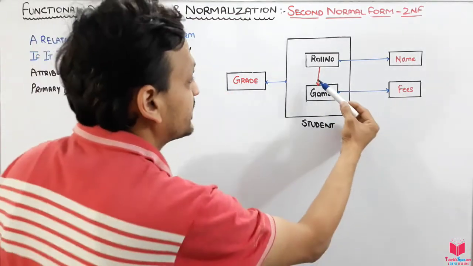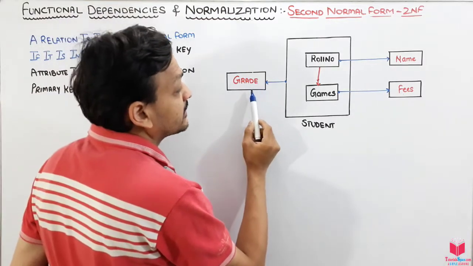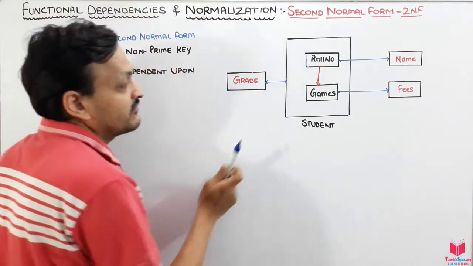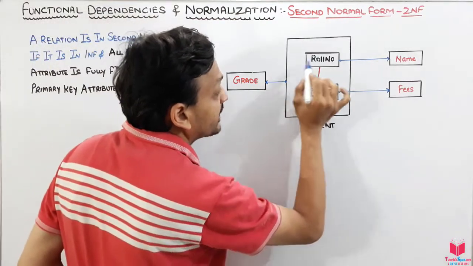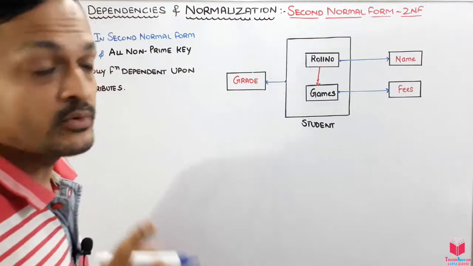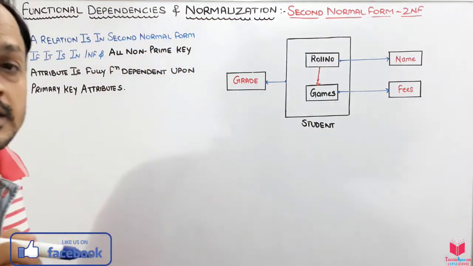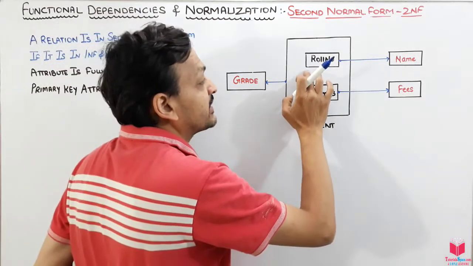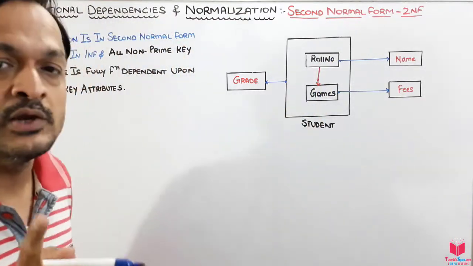And this dependency says that if we want to find the value of grade, the arrow is not from any particular attribute. It says that to find the value of grade, both prime keys, roll number and games, should be there, and then you will be able to find the value of grade.